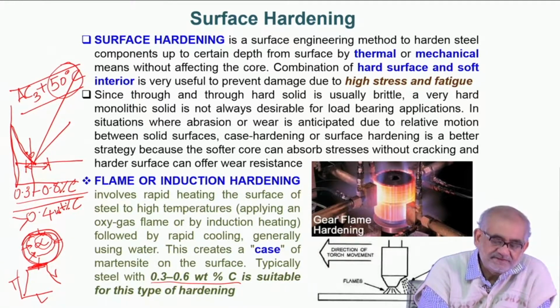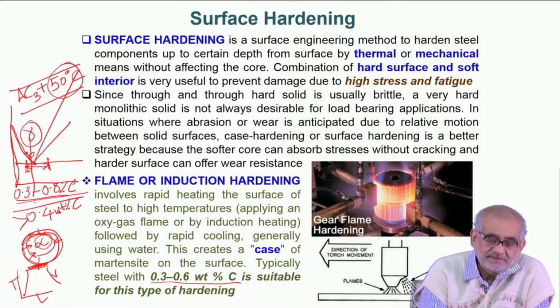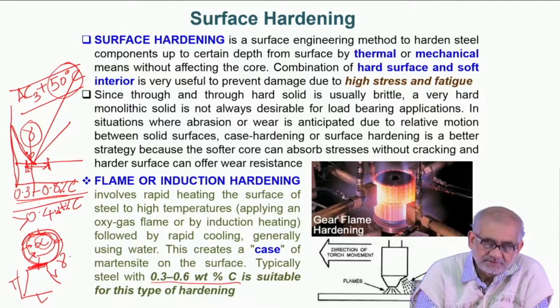The whole idea is to use steel whose composition is in this range, subject it to transient heating to a temperature in the single phase austenitic zone, and then subsequently quench using some kind of quenchant to bring it to room temperature. In the process, we expect the surface zone up to a certain depth to undergo a phase transition from austenite to martensite.